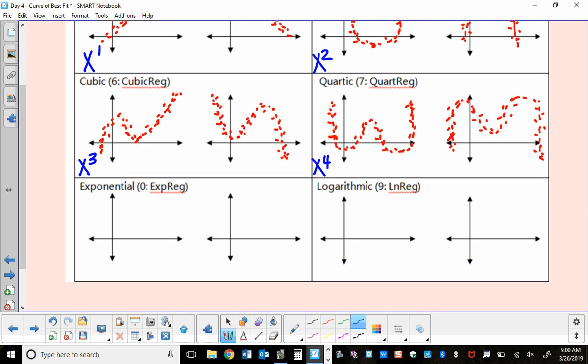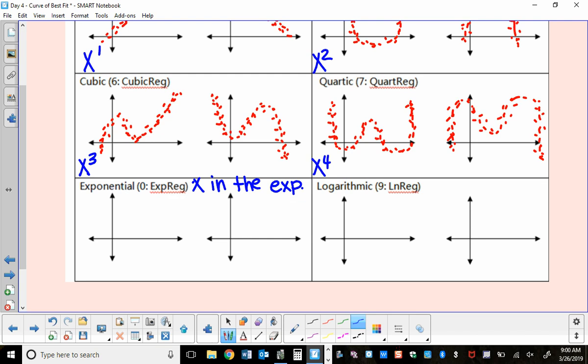All right, exponential. This is a little different. How do we know what's exponential? How do I know that my function is exponential? There's a saying that we said earlier in, I think, day 2 or day 3. If it's exponential, you know because there is an x in the what? Just tell me you remember. An x in the exponent. If it's an x in the exponent, well then it's exponential.